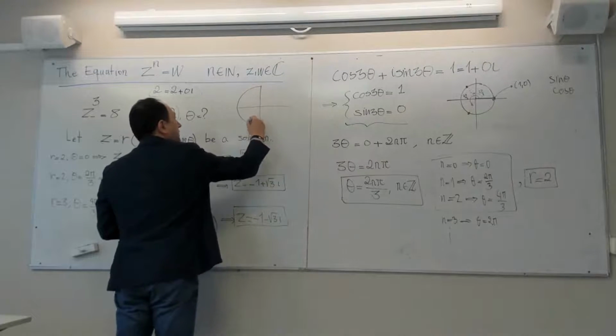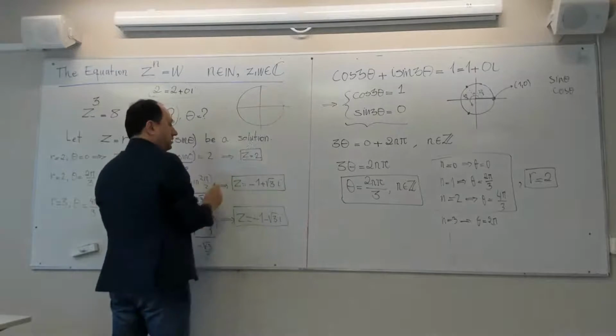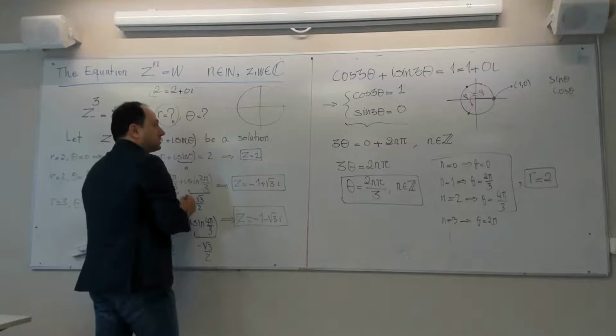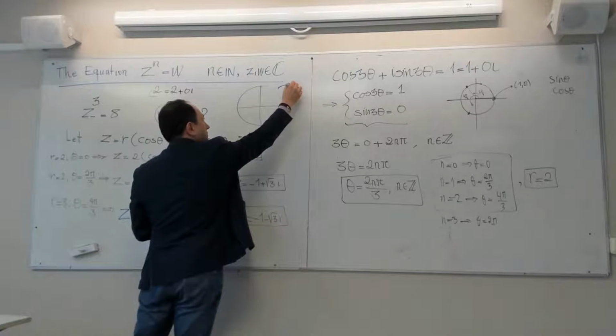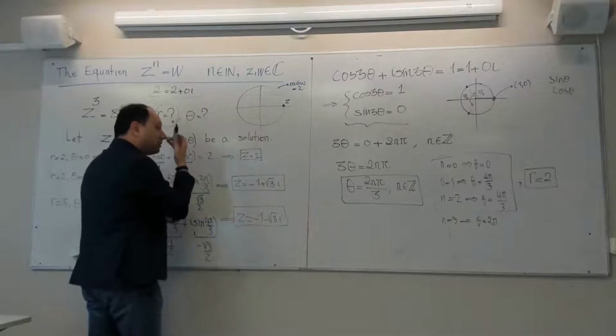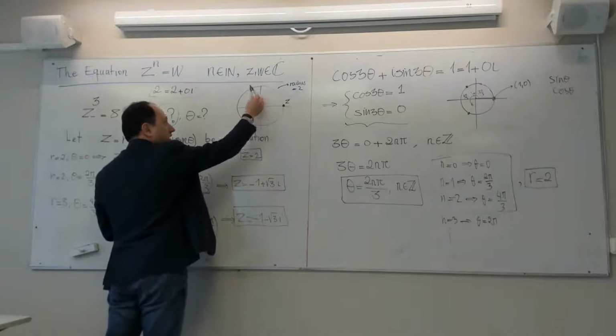So you draw a circle of radius 2. This is a circle of radius 2. This complex number is here. Be careful, the radius is 2. Yes? And then this one, the absolute value is still 2, so it lies somewhere here.